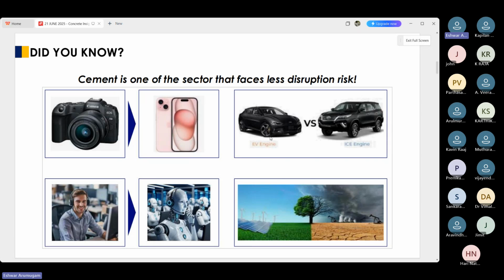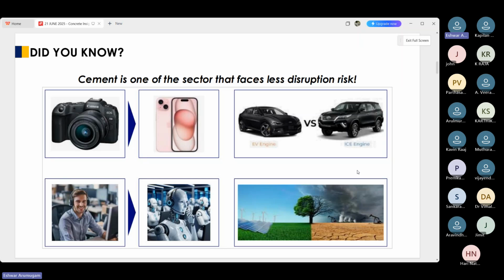Industries such as auto also face the risk of the traditional internal combustion engine being replaced by the electric engine. And the traditional thermal power plant has a threat of being replaced by wind and solar capacities. But this is not relevant to the cement industry.